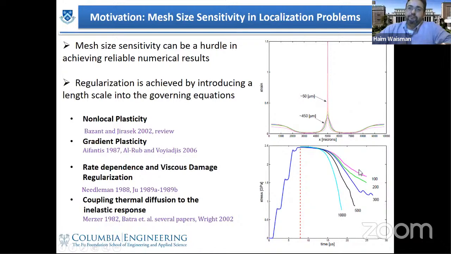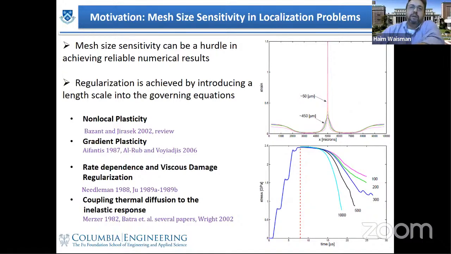As you see here, in the softening region, you increase the number of elements, you're going to get a different solution all the time, right? And so what this means is the model lacks a length scale that is needed to regularize the system and create mesh insensitivity. Otherwise, your solution is not reliable and has no meaning.